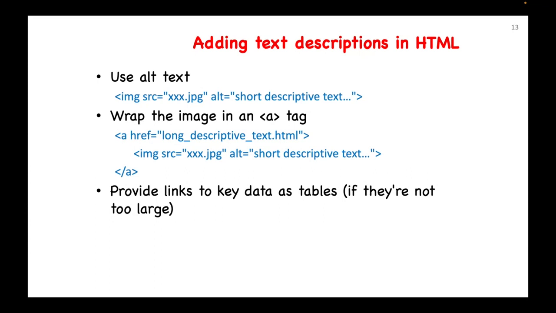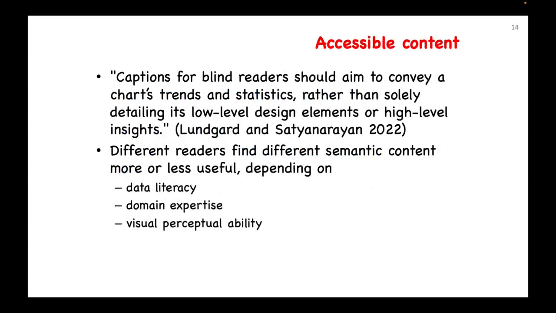So all sorts of things like that. Okay, so if we want to do something a little better than that, we have that alt text, that short descriptive text, and we wrap it in an anchor tag, which is a link to some long descriptive text. Okay, again, all sorts of things we can do, we just need to be thinking about them.